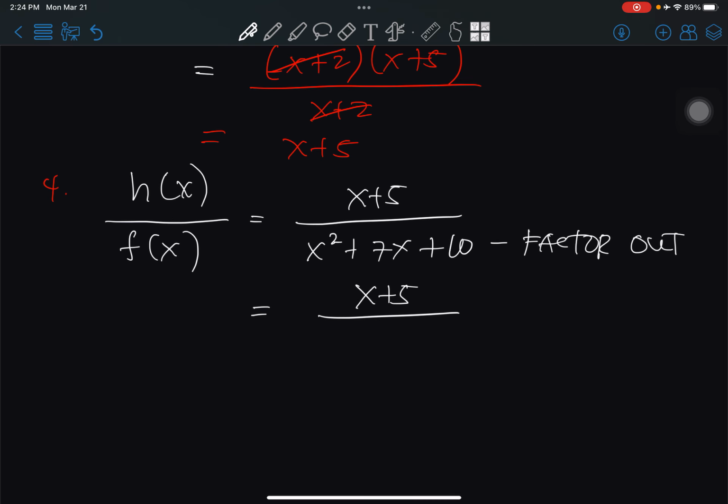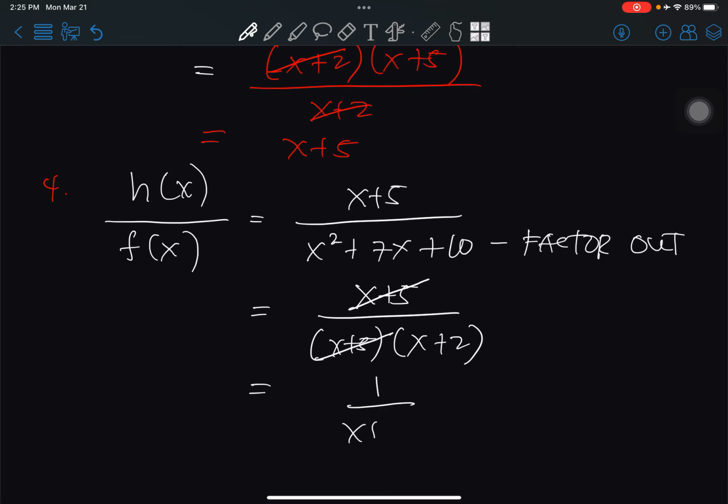So factoring it out, again, just like what I told you, you just have to get the possible pair of factors of 10 that will give you a sum of 7. And here we have x plus 5 and x plus 2. So you cancel out. We have x plus 5 and x plus 5. Therefore, the answer is 1 all over x plus 2.